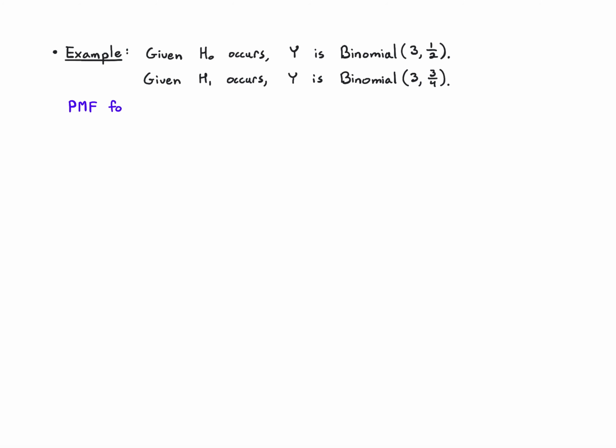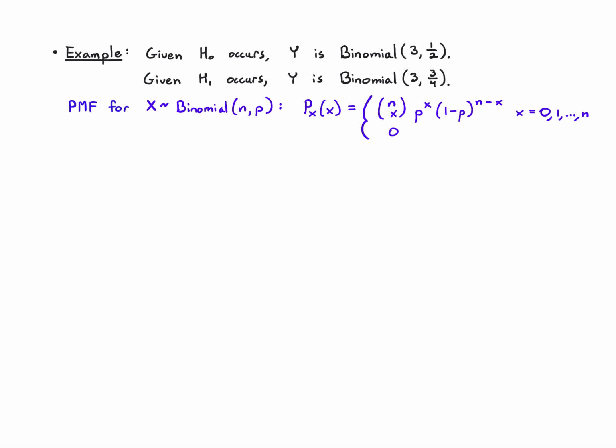Okay, so the PMF for a random variable, let's say X, which is binomial with parameters n and p, remember that that PMF is going to be n choose x times p to the x times 1 minus p to the n minus x for x between 0 and n, and then it's going to be 0 otherwise.